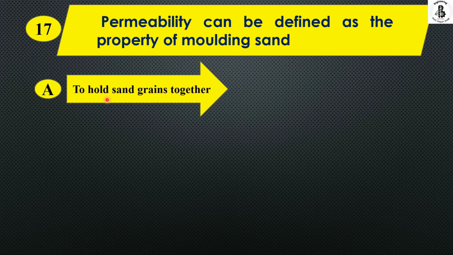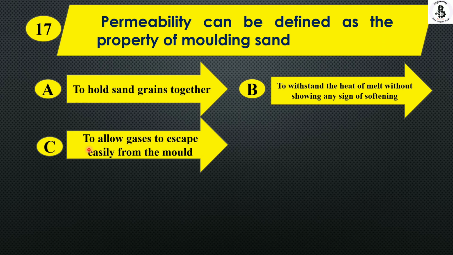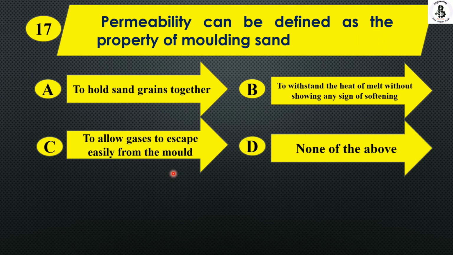The next, permeability can be defined as the property of molding sand. Option A, to hold sand grains together. Option B, to withstand the heat of melt without showing any sign of softening. Option C, to allow gases to escape easily from the mold. And option D, none of the above.